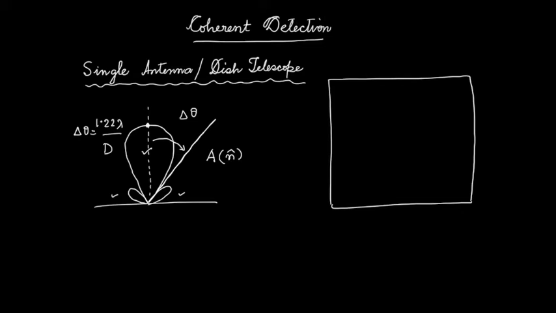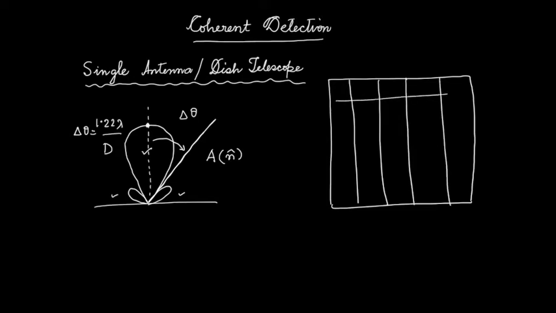So what you do is, you think of imaginary grids in this. These are imaginary lines, and each of these are of width delta theta by delta theta.